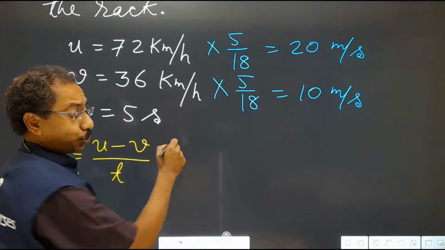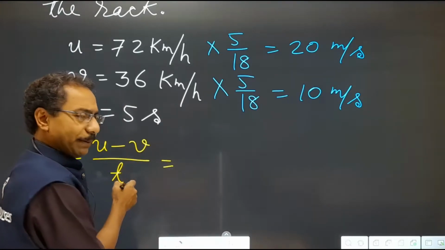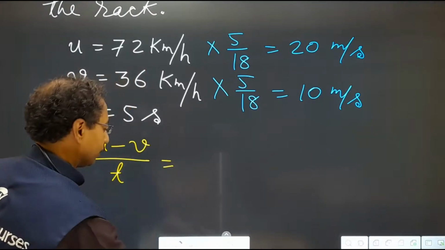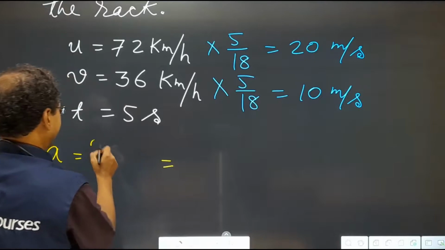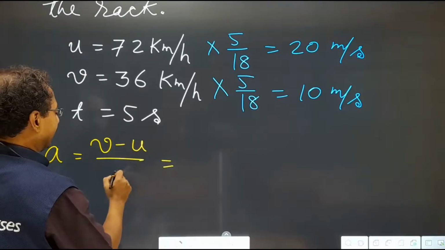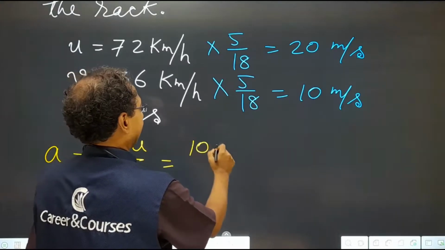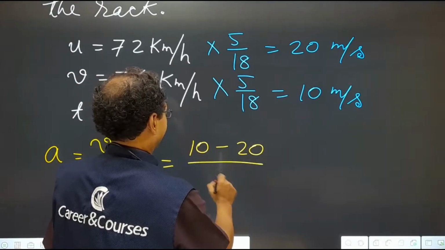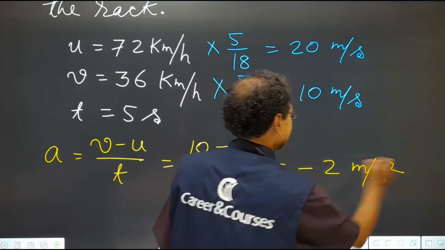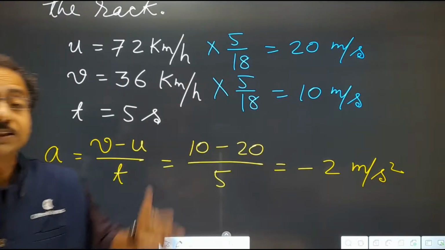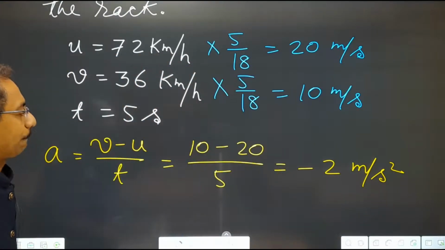Retardation should be negative, but we are calculating it in this way, either u minus v by t, or you can calculate it also by v minus u by t, no matter. You will get a negative acceleration in this case. So it comes to 10 minus 20 divided by 5. That means 2 meter per second square. This is the retardation with which the train is decreasing its velocity.